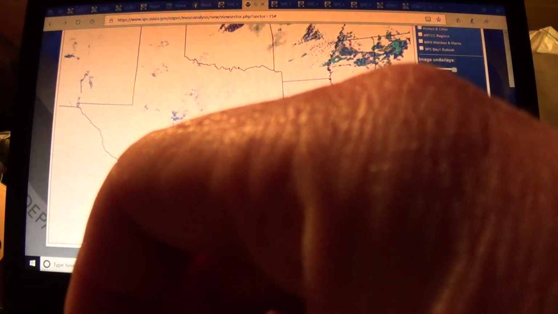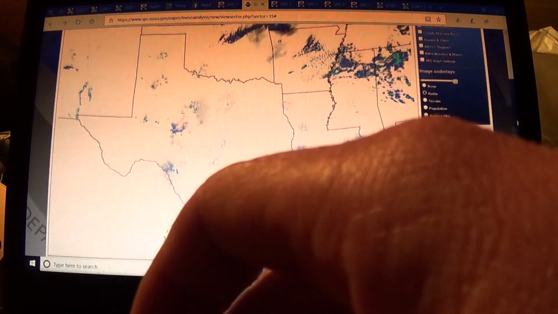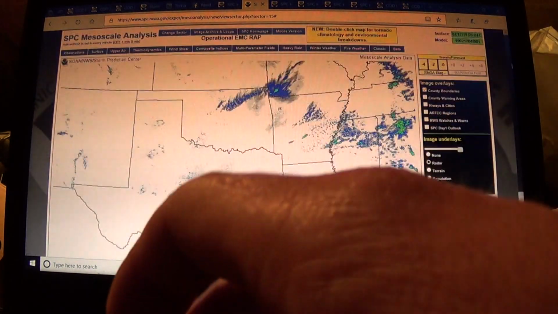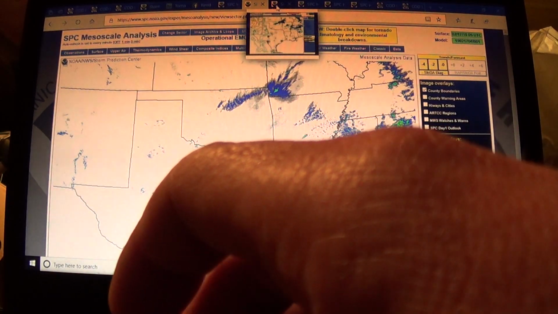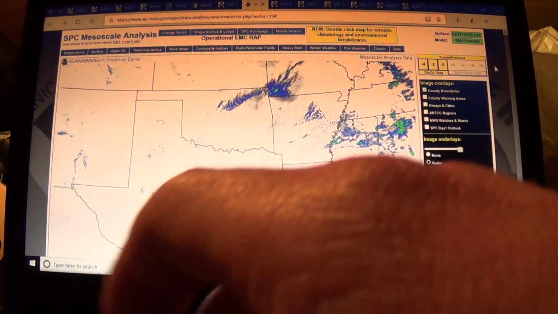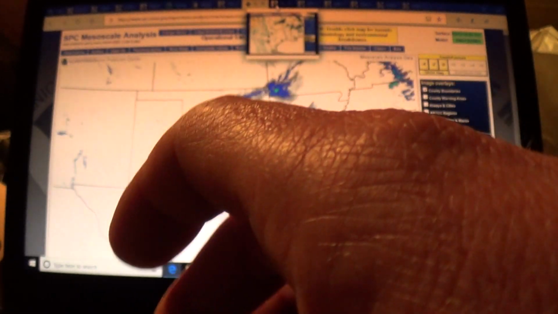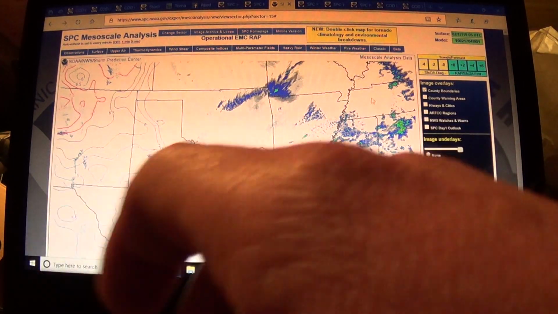This isn't showing anything, but there's the 0 to 3 kilometer effective helicity index. That can help you a lot in tornado forecasting also, as it is a composite number. It takes in different variables, and normally I would look for 2 or higher, or about 2 is pretty good, maybe 1 minimal.